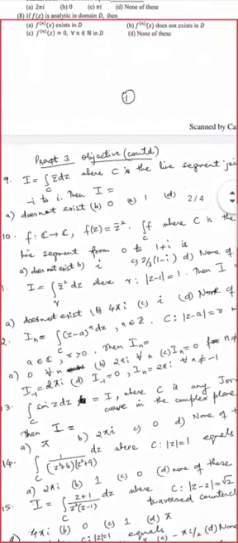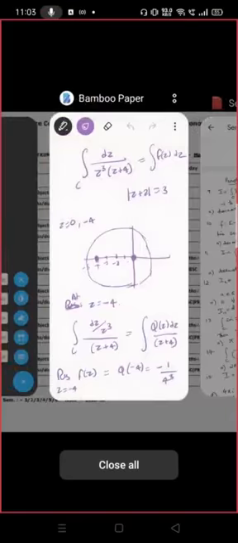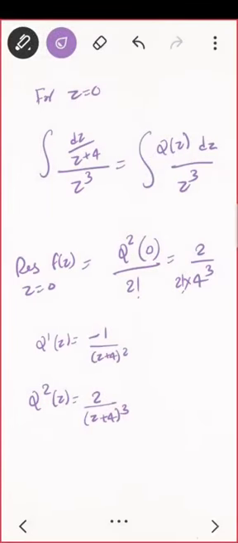9, 10, 11, 12. ओके 12 का क्या दिया है, ये क्या लिखेगा? I n equal to integral (z minus e) raised to n. हाँ, this is a simple problem. हाँ ये I think theorem भी था ऐसा एक, so will do that. So integral it was (z minus e) raised to n ना, यही है ना, over the contour. क्या था क्वेश्चन?